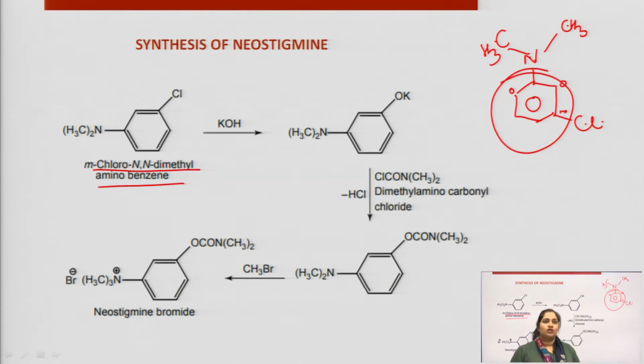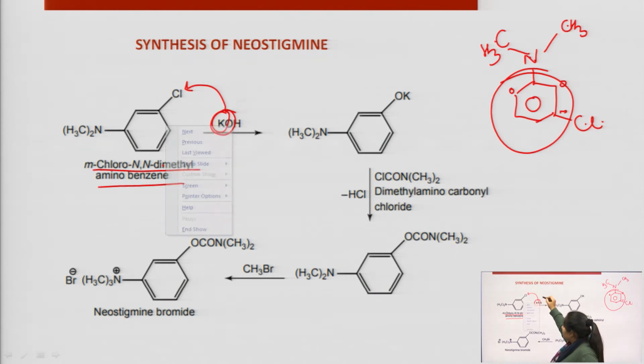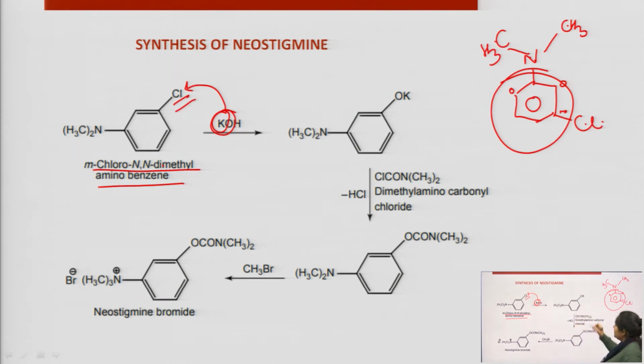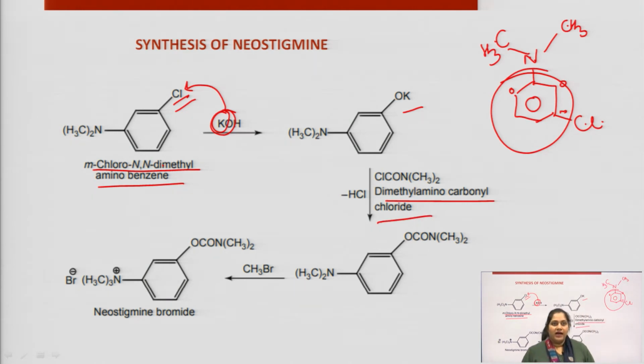So, by the action of KOH, what will happen? The oxy potassium will replace this chlorine atom, and hence there is a potassium salt of it. Further, dimethylamino carbonyl chloride is taken as another reactant.